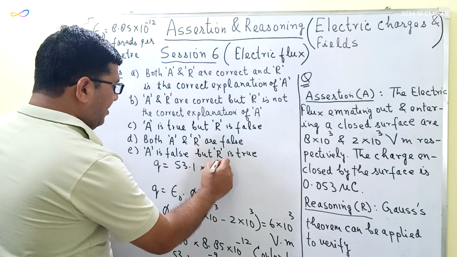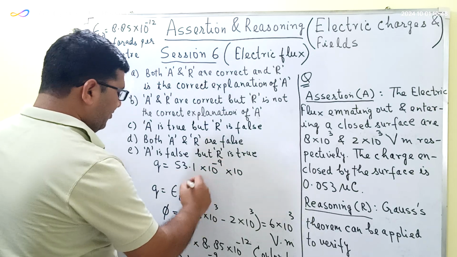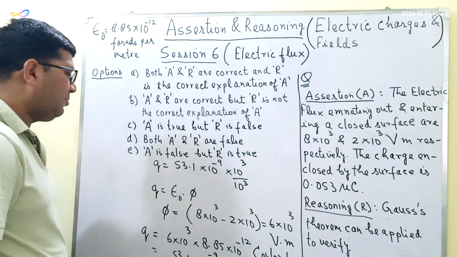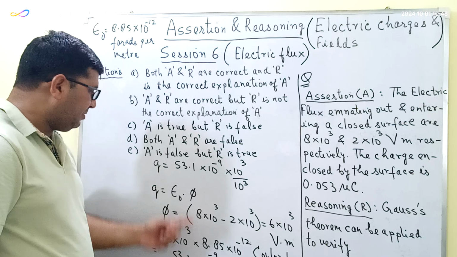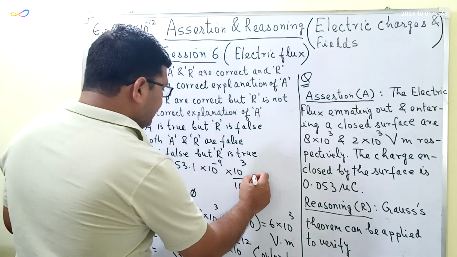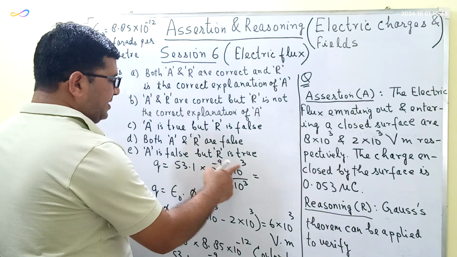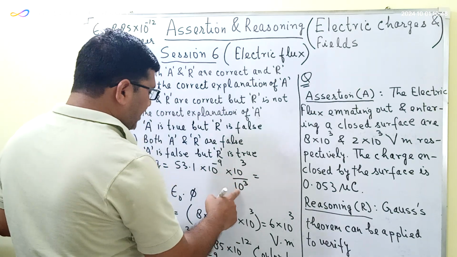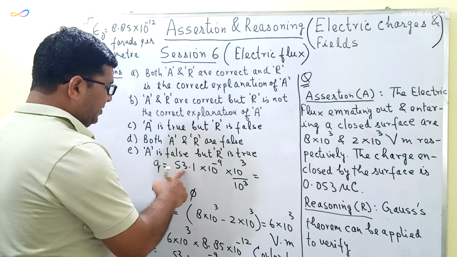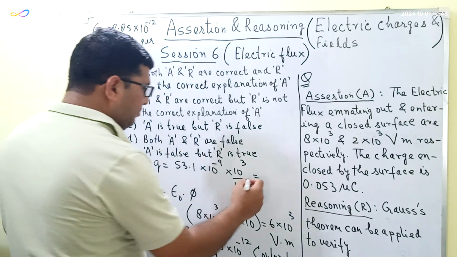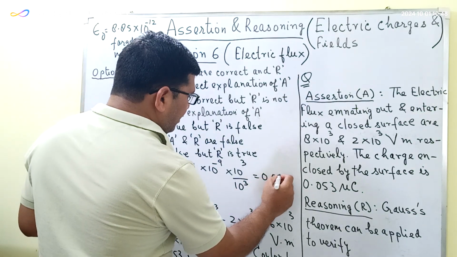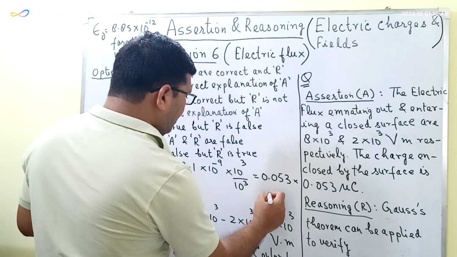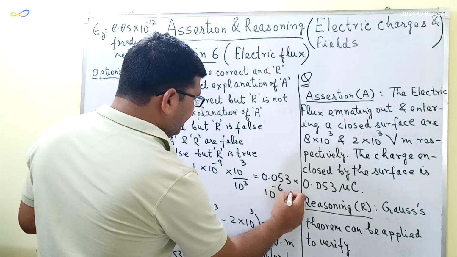Now I will be just multiplying this value by 10 to the power 3, and I will be dividing this value by 10 to the power 3. So this is equal to 10 to the power minus 9 into 10 to the power 3, which will be equal to 10 to the power minus 6. And if I divide this 53.1 by 10 to the power 3, this will be equal to 0.053 into 10 to the power minus 6 coulomb.